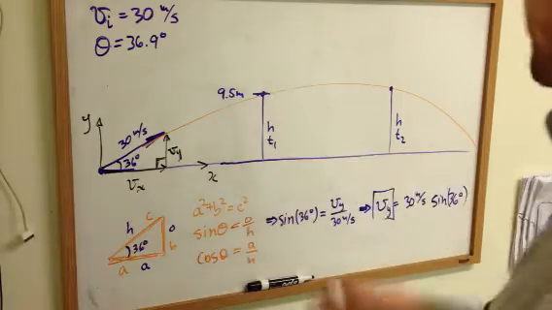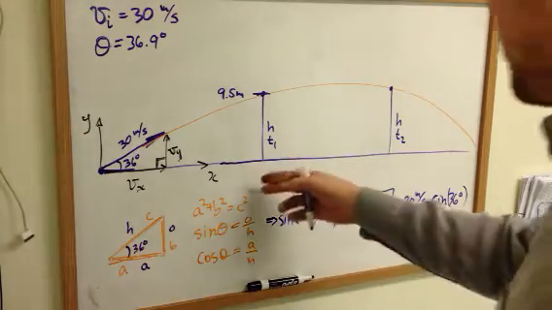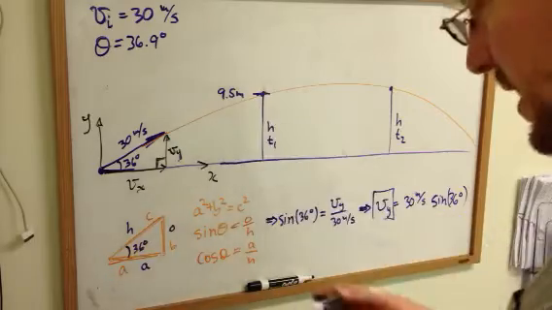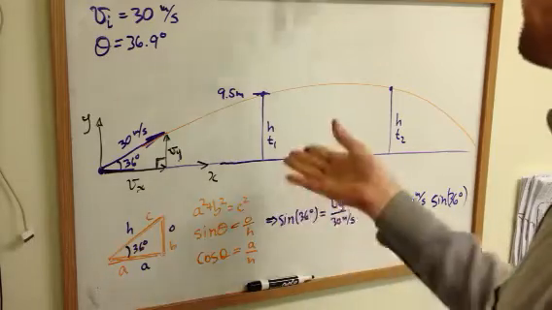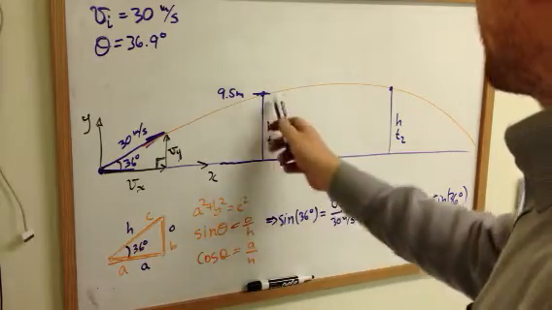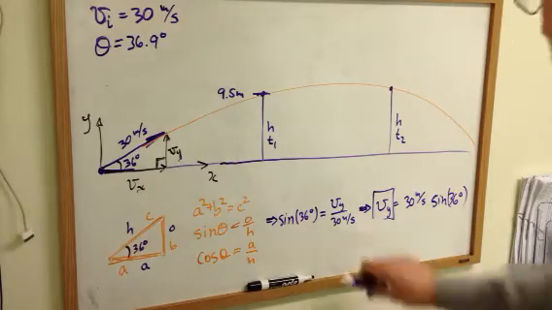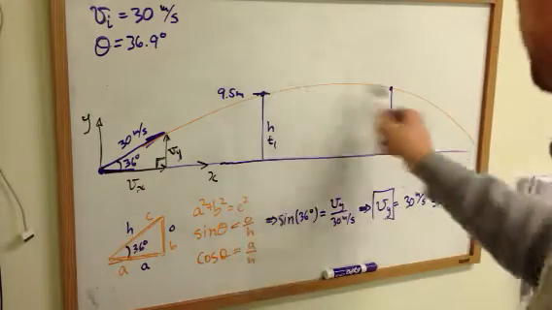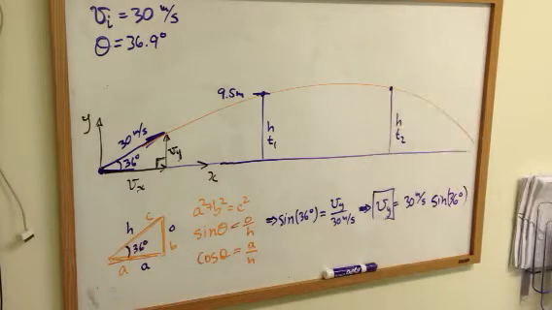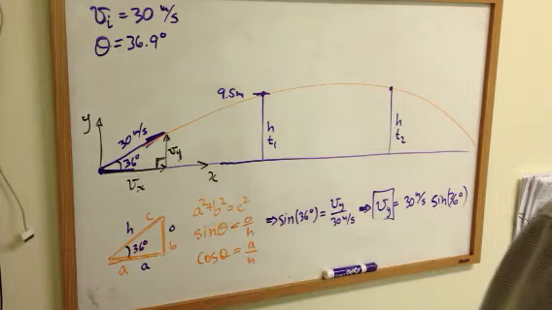So now the question is, if something is rising with a vertical velocity, how long does it take to reach this height? And perhaps how long does it take to come back down to the same height? Let's think about our kinematic equations. We have time, we have initial velocity.